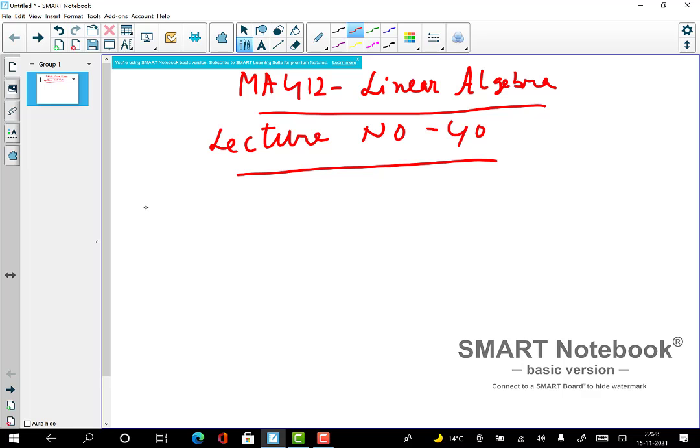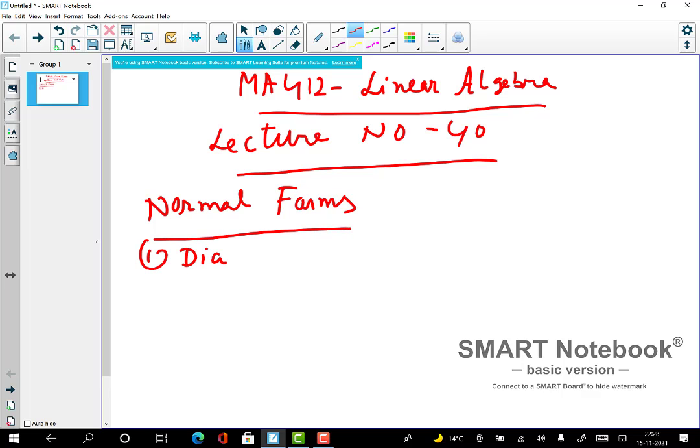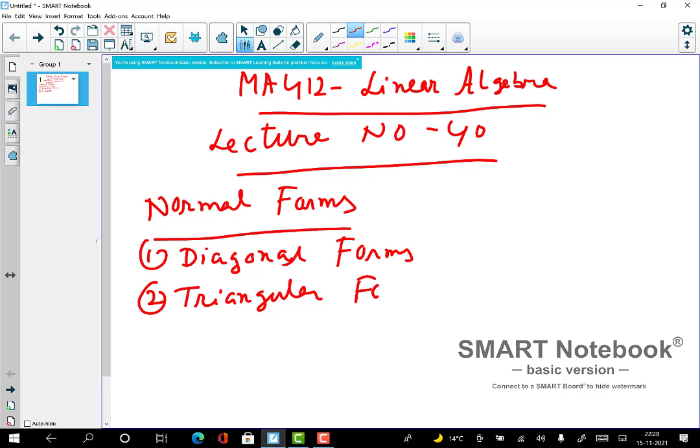So how many normal forms have we learned so far? We learned about diagonal forms, triangular forms, and then the rational canonical form, or Frobenius canonical form.